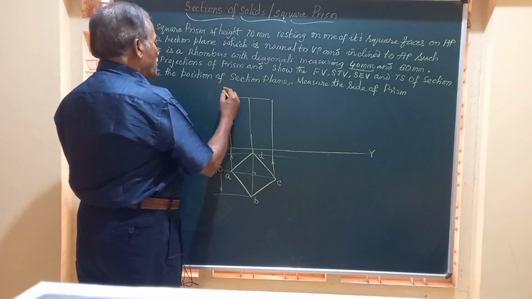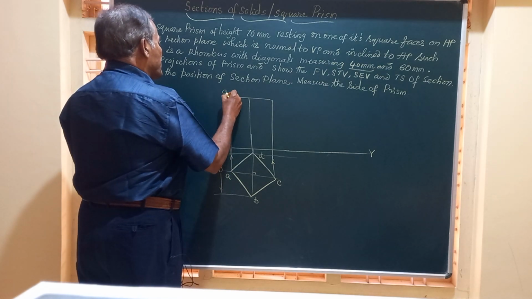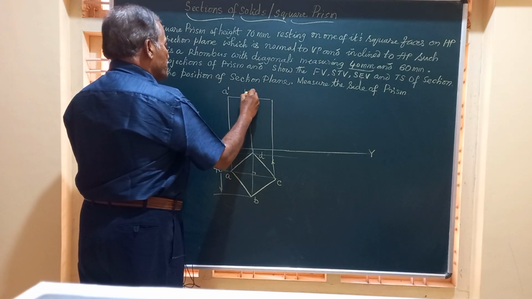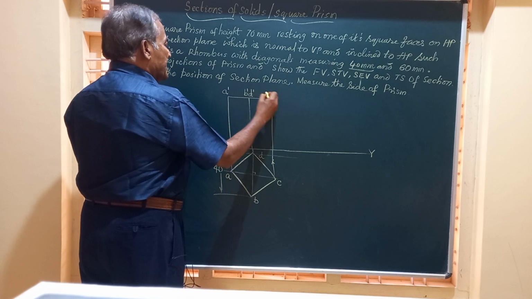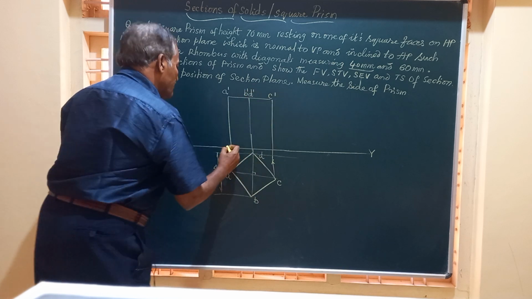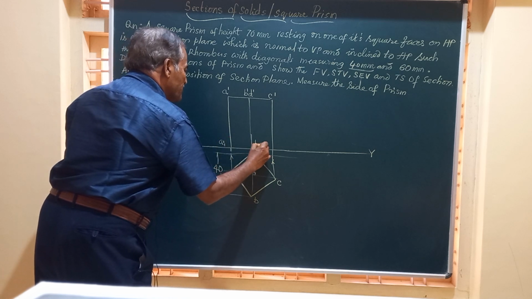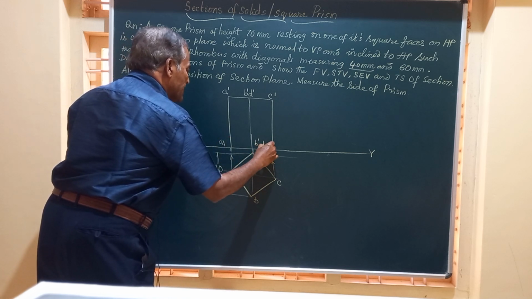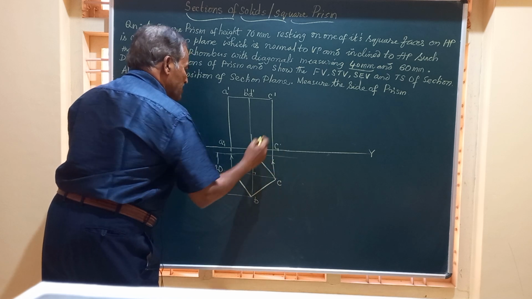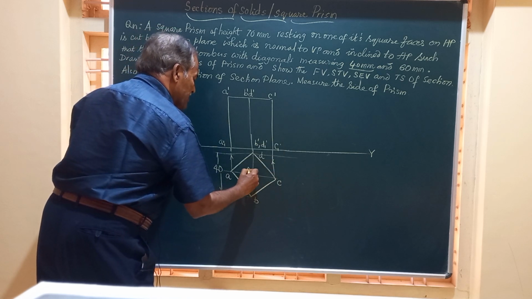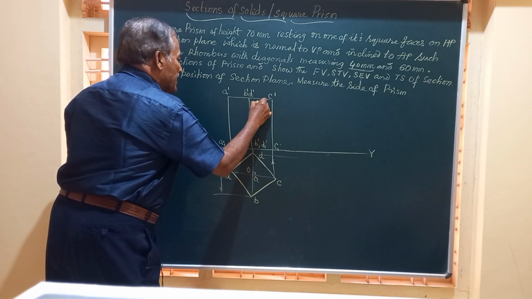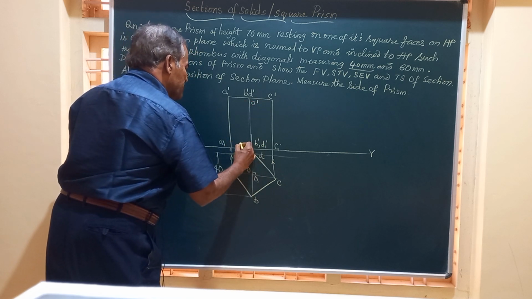And here corresponding to this, the top face is A dash, B dash, D dash and C dash. Bottom face will have A1 dash, B1 dash, D1 dash, C1 dash. This is O comma O1. O dash is the center of the top face, and this is O1 dash.